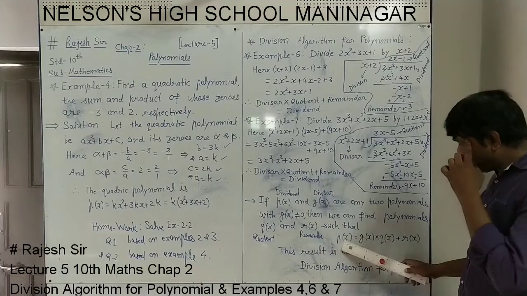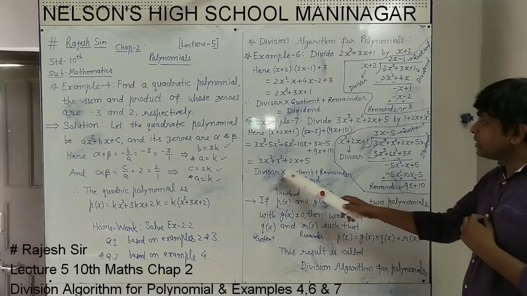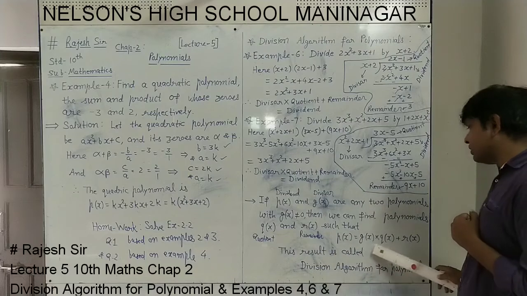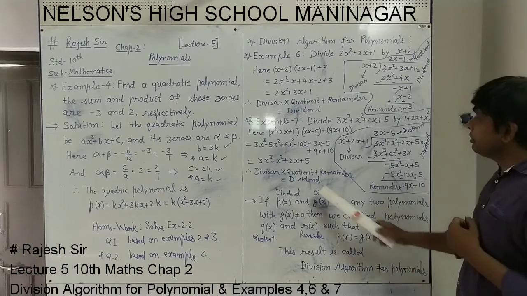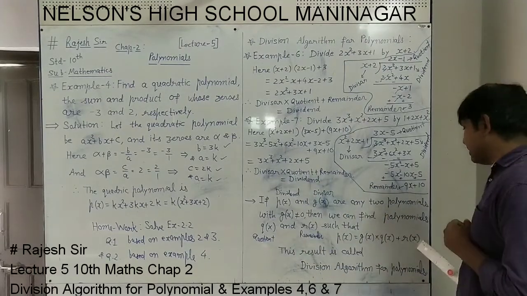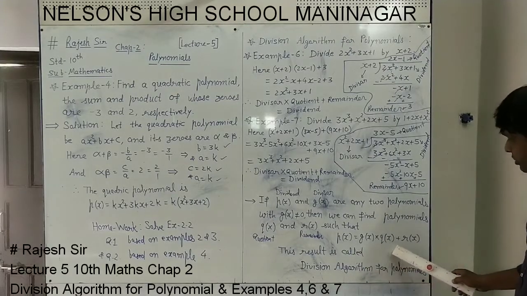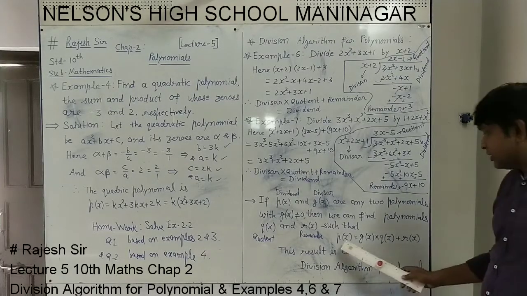What is the dividend? px equals divisor into quotient. Divisor means gx into qx, plus remainder, which is rx. So px equals gx into qx plus rx, you will get.